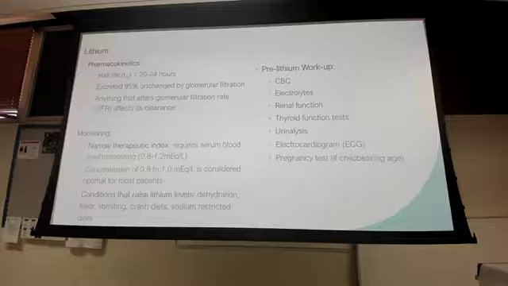Biggest thing to know about lithium is monitoring levels, right? I haven't really told you guys about blood plasma concentration and how we monitor that. This is one that you absolutely have to know. You need to know the appropriate drug plasma concentration, because if you go outside of that realm, if you're too low, the drug's not effective, and if you're too high, you cause lithium toxicity, right?